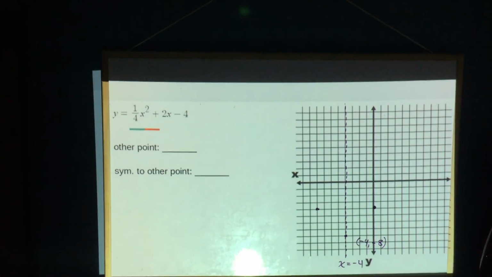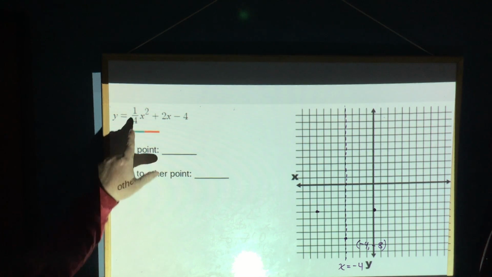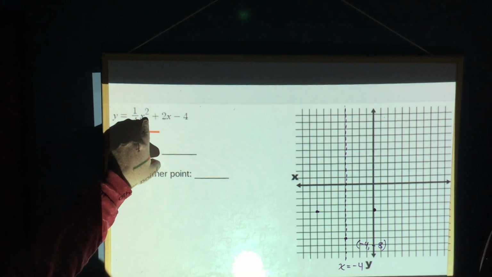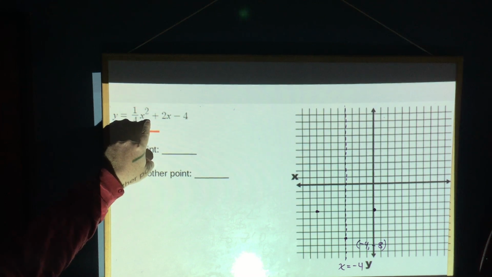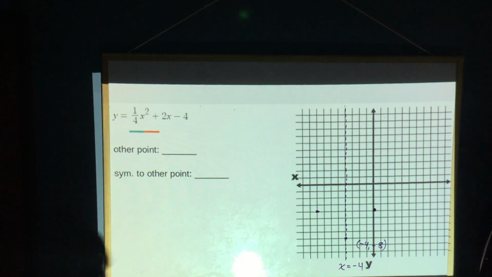And lastly, we want to find any other point and a point symmetrical to that. Now, we have to be a little bit careful because of this fraction. We got to make sure, in order for it to have a nice, neat number at the end, that whatever we square is divisible by 4. In other words, I don't want to pick 1 because then I have to take 1 divided by 4 and I have a whole mess there.